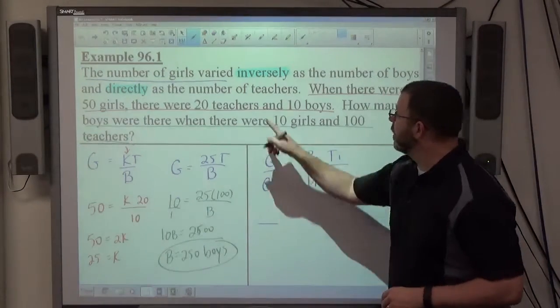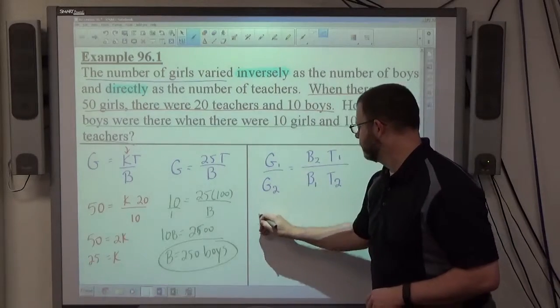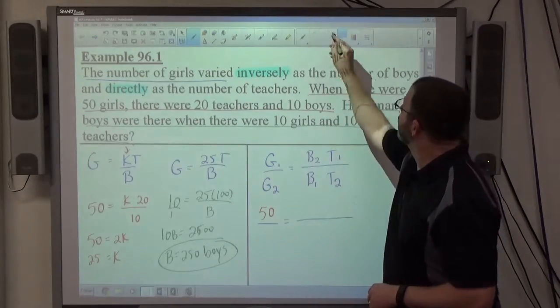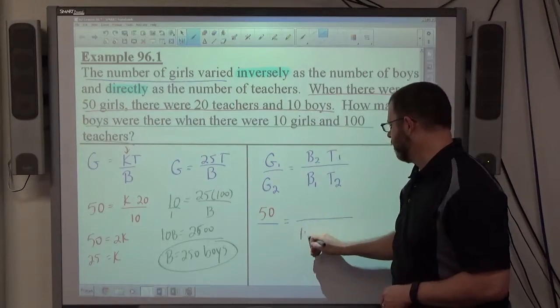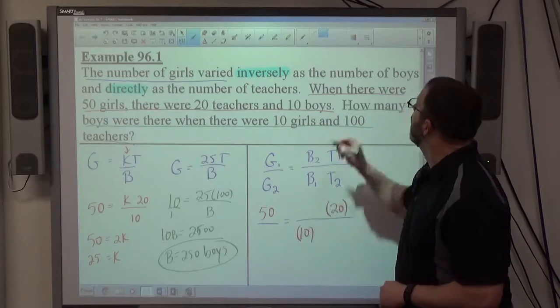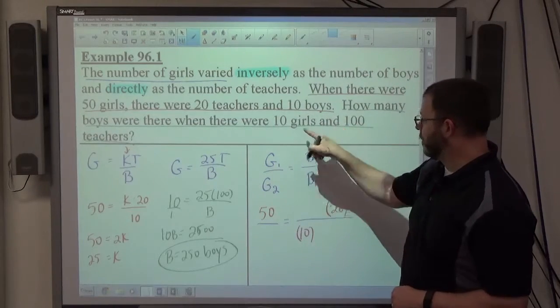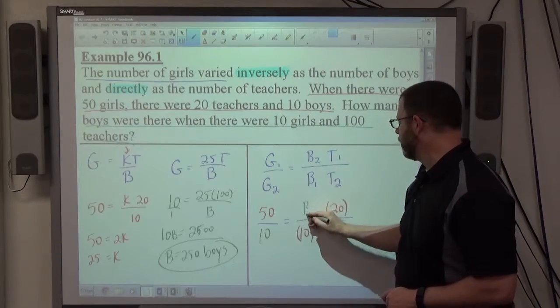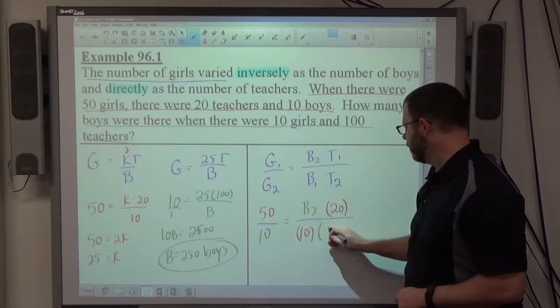The first set of girls was 50. The first set of boys was 10, and the first set of teachers was 20. The second set of girls was 10. The second set of boys was unknown, and the second set of teachers was 100.